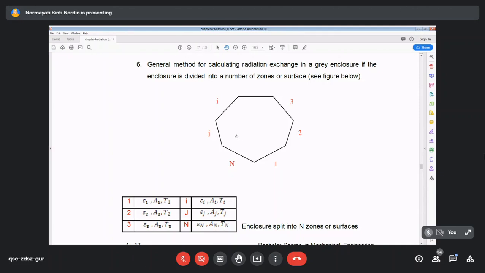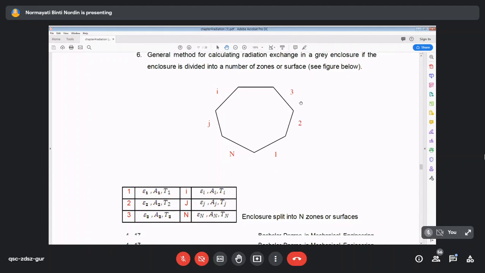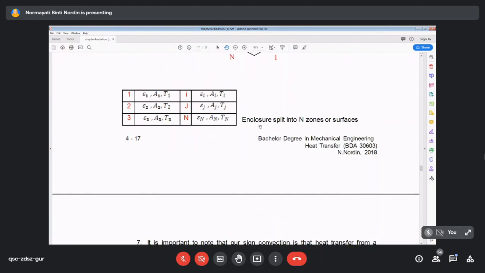That is what you do first. So it says at this point, the general method for calculating radiation exchange in grey enclosures is to divide the enclosure into a number of zones or spaces. Usually we divide into certain zones according to the emissivity, area or properties of each zone. For example, here we have several zones, several surfaces that we have subdivided. That is the first thing you will do: zoning.